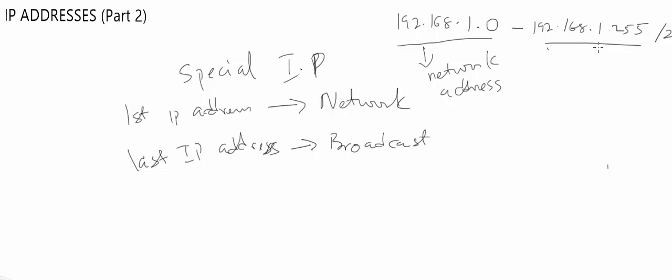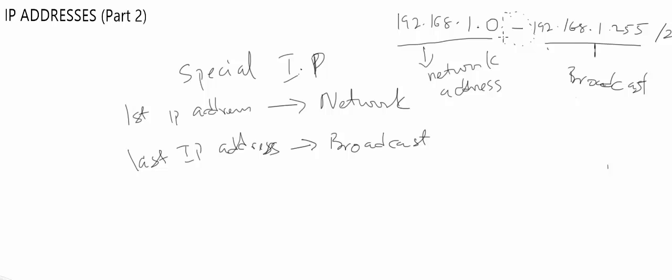But this is the broadcast address. If I want to send a message to everybody inside this range, 1.1, 1.2, 1.3, 1.4, up to 1.254, instead of having to send it to 1.1 separately, 1.2 separately, I just announce it.